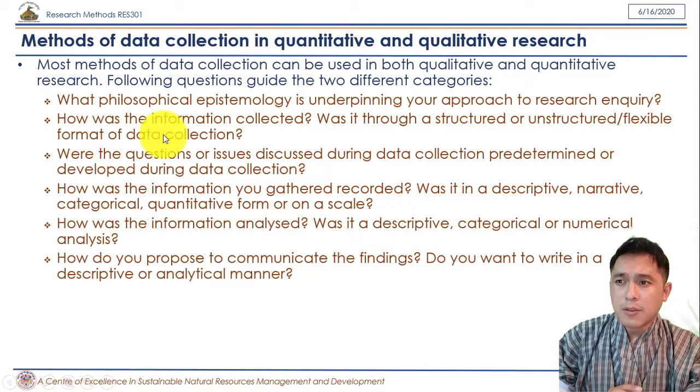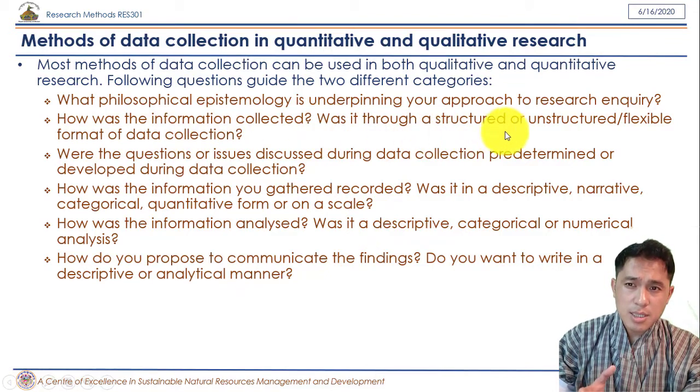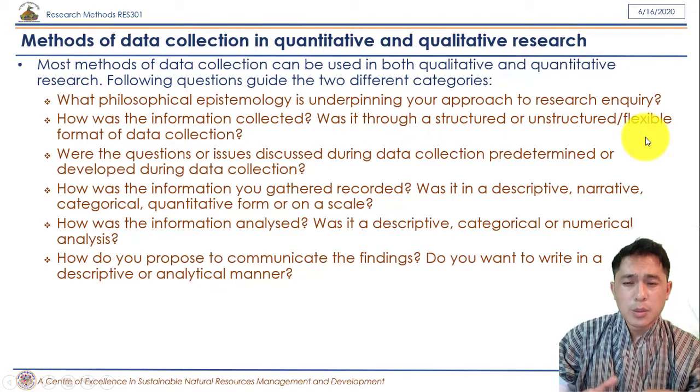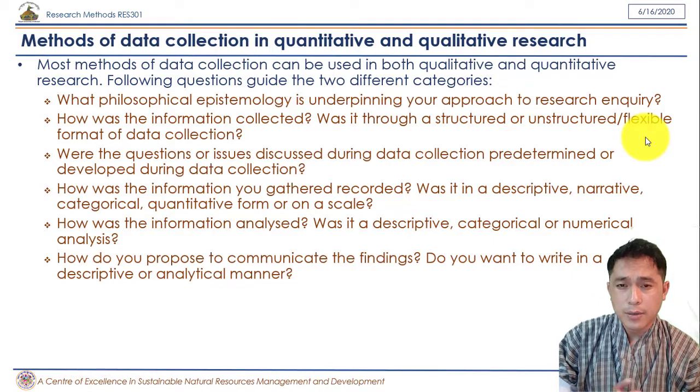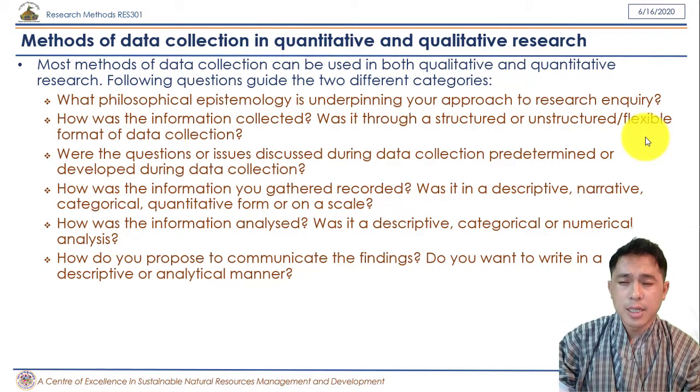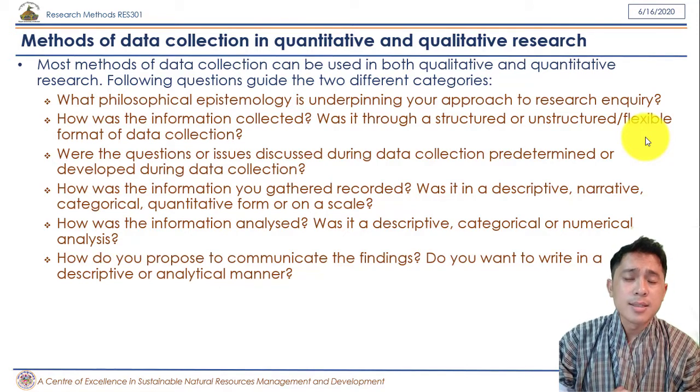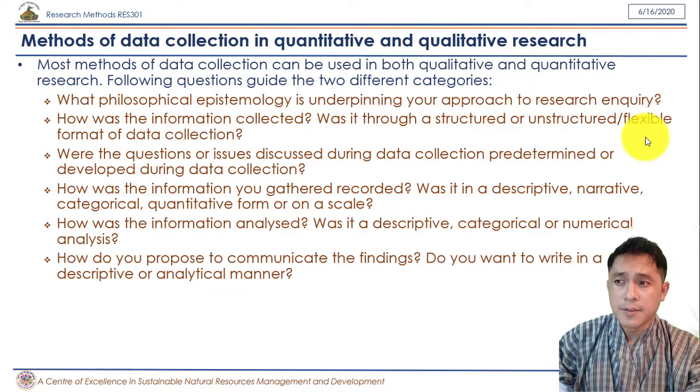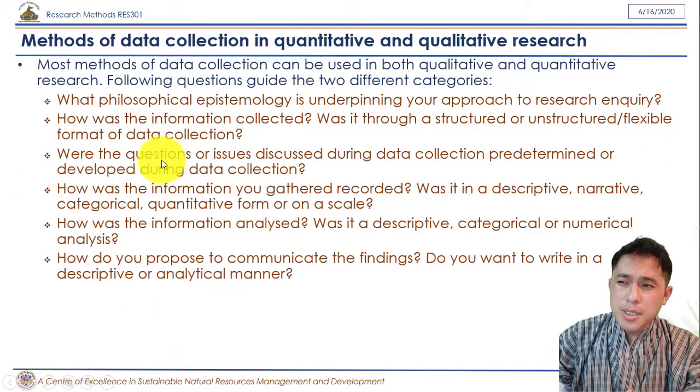How was the information collected? Was it through a structured or unstructured format? So again, I was just talking about an interview. If it was structured, then it is the field of quantitative, and if it is not structured, then it's the field of qualitative. And were the questions or issues discussed during data collection predetermined?